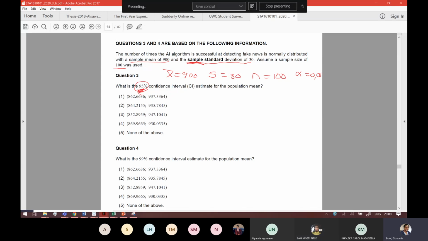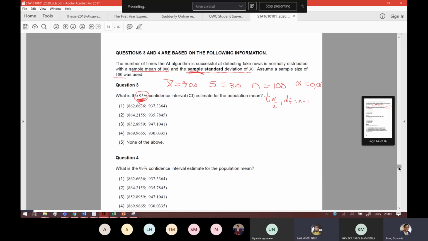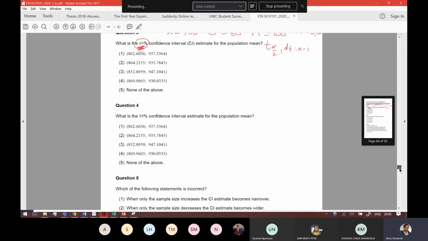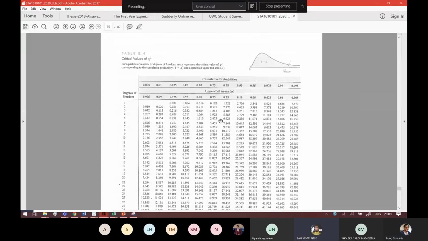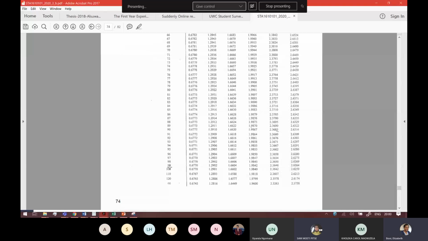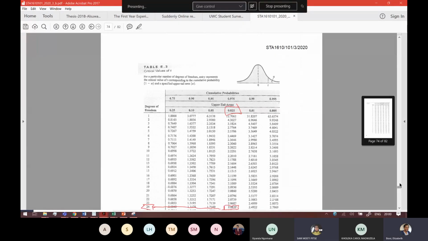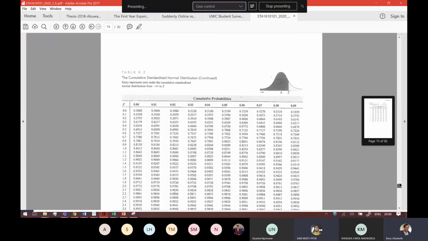The first thing we need to do is go find the critical value. It's not 1.96. You need to go find the critical value by using t alpha divided by 2 and the degrees of freedom of n minus 1. Now you must remember n is 100, so our degrees of freedom will be 99. It exists on the table, so you should be able to find it on the table.